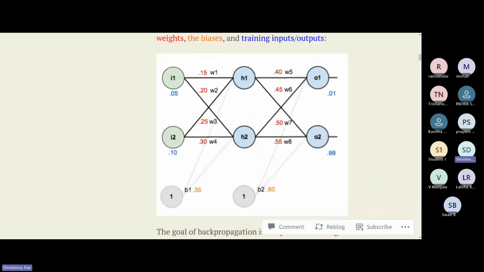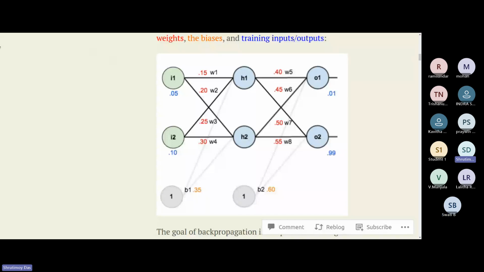So how do you know how much W3 has an effect on the loss? Loss is not directly connected to W3, right? Because loss will be connected to O2, O2 will be connected to, say, H1, and via H1 you are connected to W3.